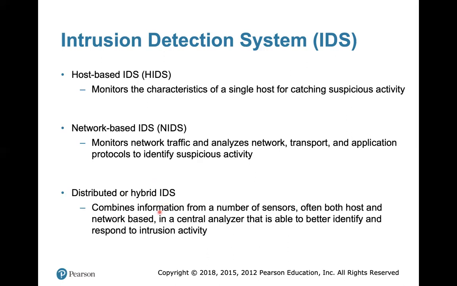It combines information from sensors that just look at the local host and also sensors that look at the information coming from the network. These are called distributed or hybrid intrusion detection systems, which are now one of the most widely used types of IDSs.